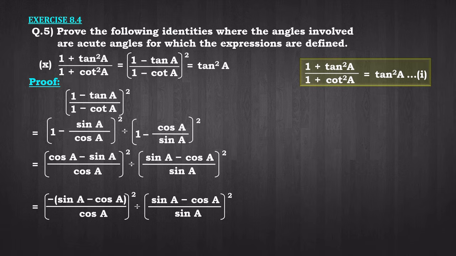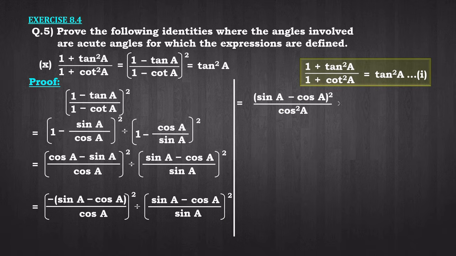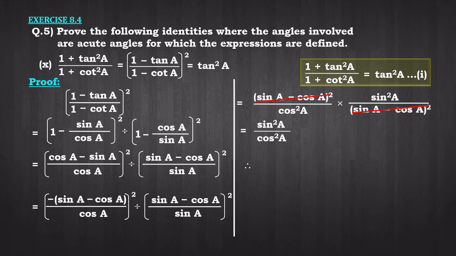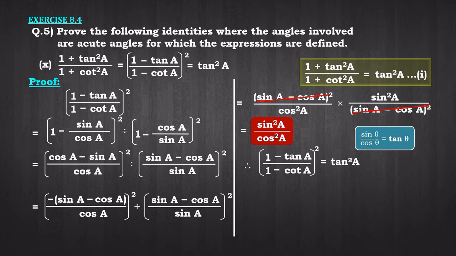Since the negative sign disappears after squaring, the expression becomes (sin A − cos A)² upon cos²A multiplied by sin²A upon (sin A − cos A)². Cancel the common factor (sin A − cos A)². We get sin²A upon cos²A, which is tan²A. Hence, ((1 − tan A) upon (1 − cot A))² is equal to tan²A.